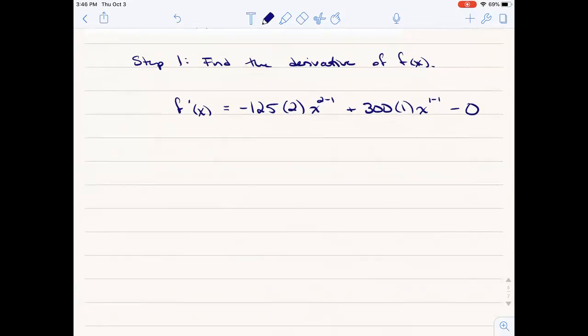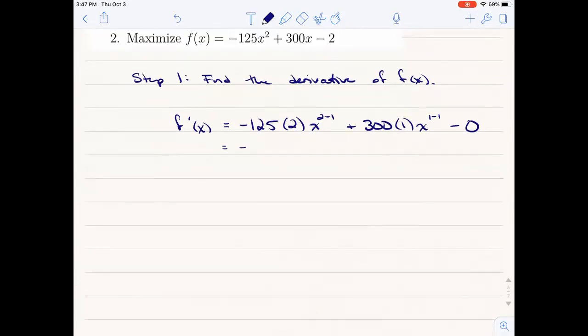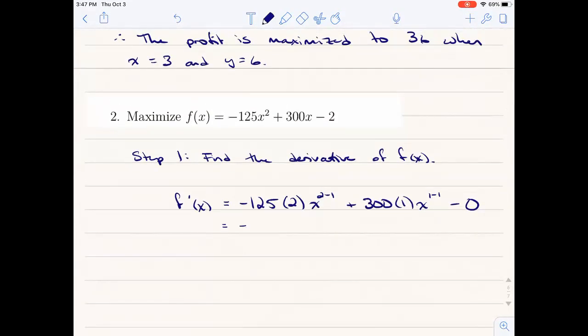Which one? These ones? It's because we're taking the derivative. To take the derivative, we give this a bump, and then this power falls down in front, so that's why that's here. But then this power decreases by 1. Same thing here, x is actually x to the power of 1. The 1 falls down in front, and then we're left with x to the power of 1 minus 1.